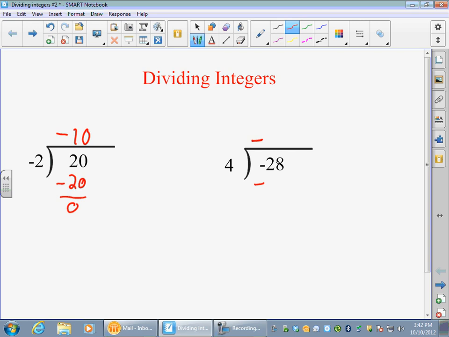And how many times is 4 going into 28? We should all know that that is 7 times. So negative 7 times positive 4 is negative 28. So if I subtract, add a line, change the sign, that is 0 left over. So I get negative 7.